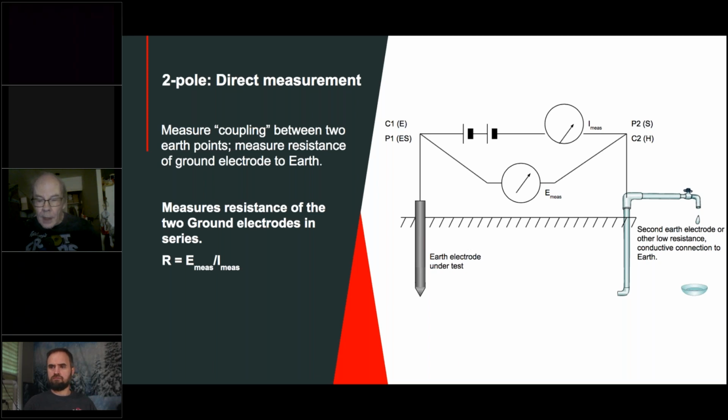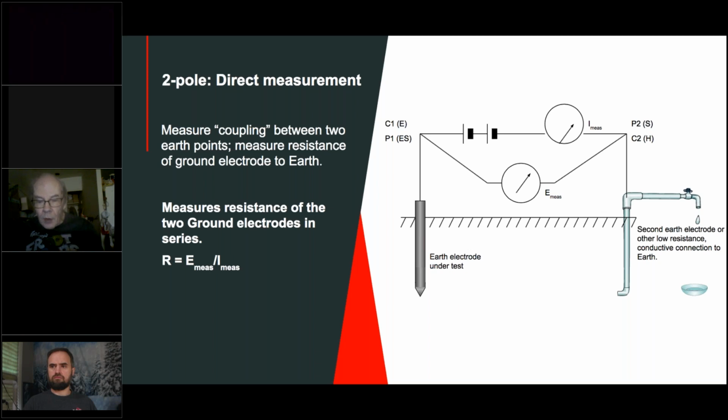Then you energize your tester, and it measures the loop resistance of that whole path through the earth to the return, and back through the lead to your tester. It gives you a series loop resistance.